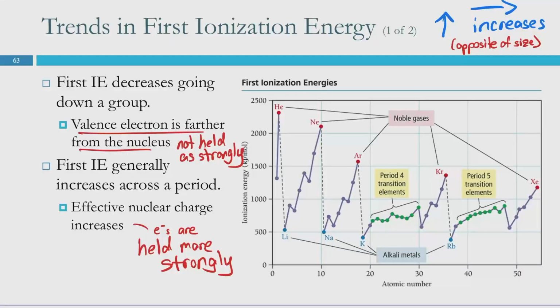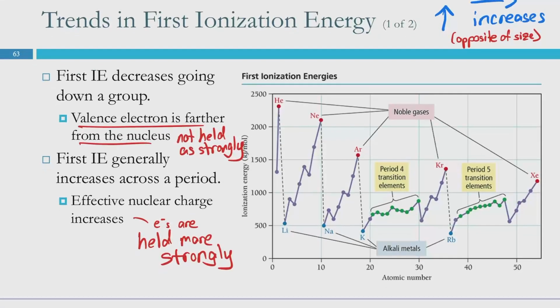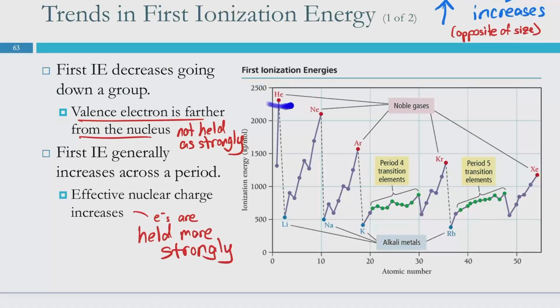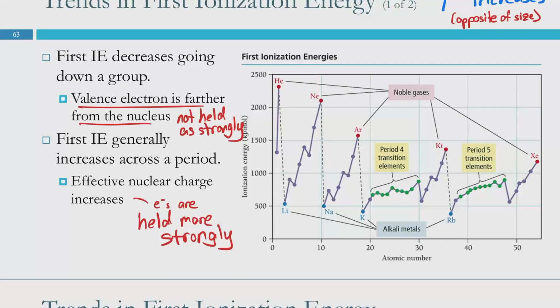So if you memorize atomic size, just remember that ionization energy is the opposite. That's for first ionization energy. And notice that our noble gases here have the highest ionization energies. They've got their full and complete outer shells, so they really don't want that to get broken up. They're very stable with their complete outer shell.